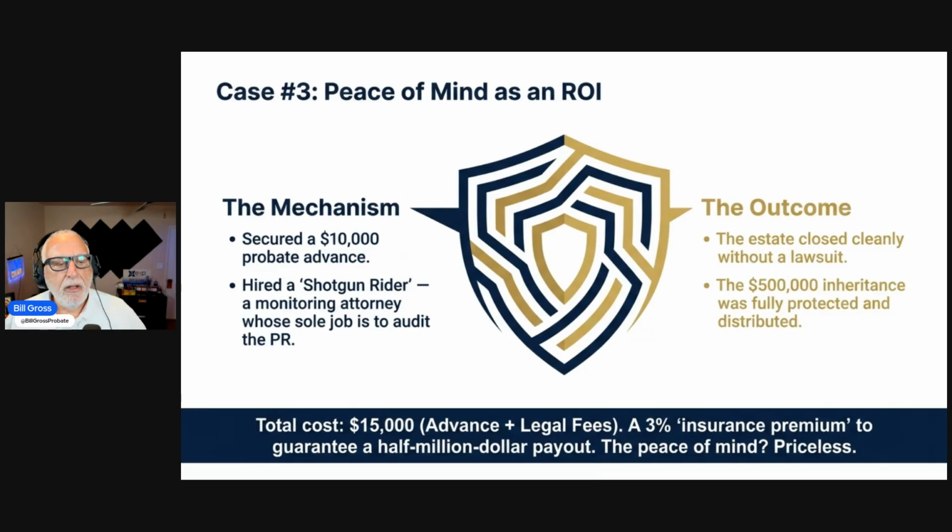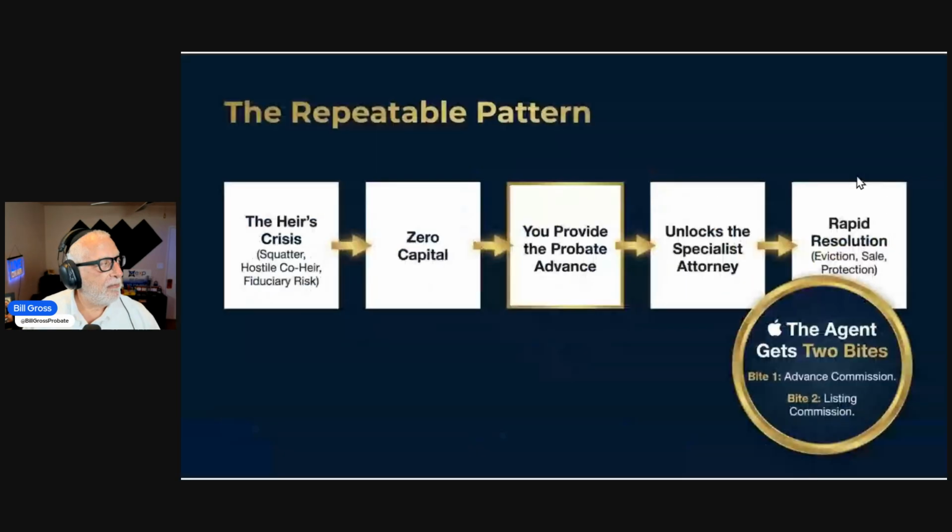That's like a fee that a venture capitalist charges their clients, or a leverage fund charges their clients. It's money spent to guarantee the result she wanted, and she felt great about it along the way. So at the end of the day, she got the advance and legal fees. It's kind of like an insurance premium for her. She got some extra money for her own personal needs, and it all worked out to everybody's benefit.